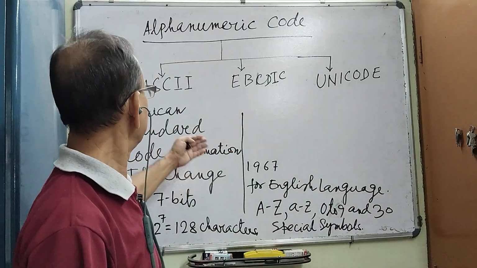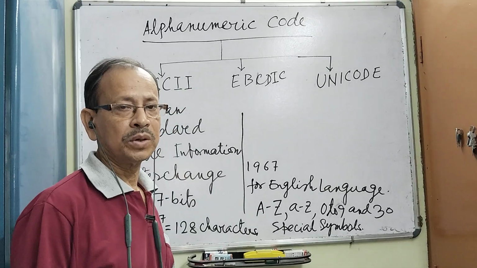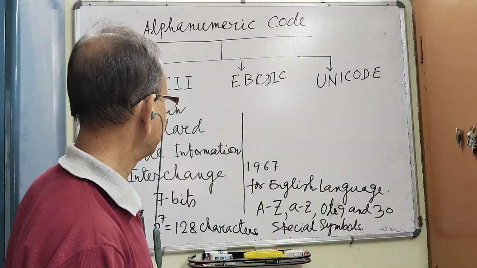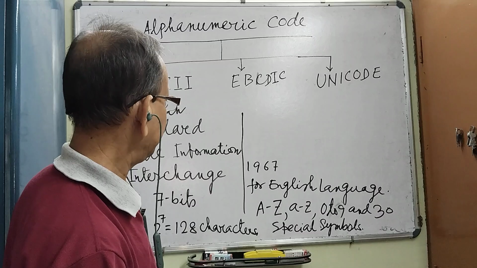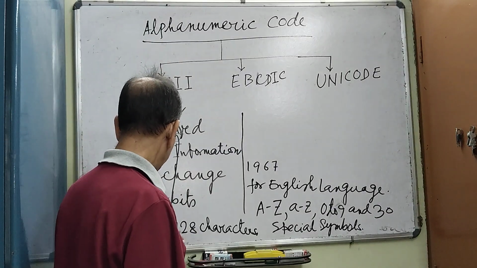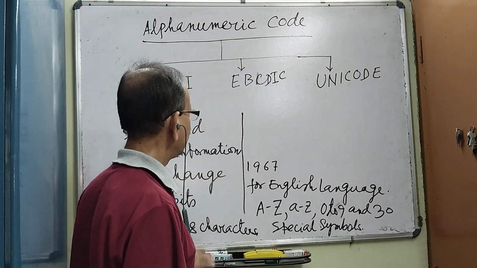For this reason, ASCII was developed with the help of 7 bits, and there are 128 characters.